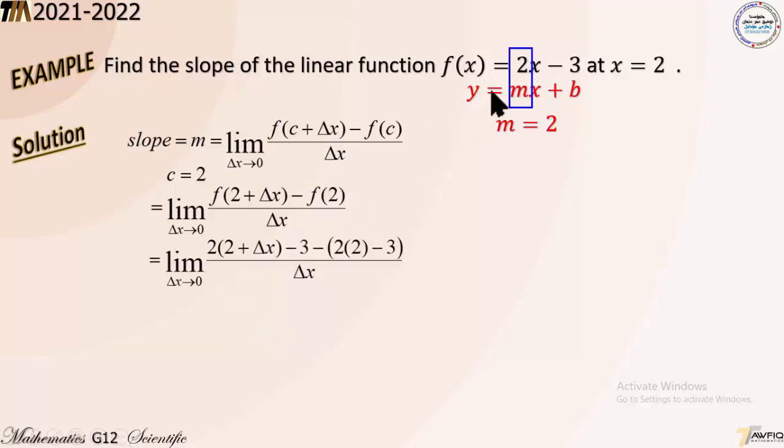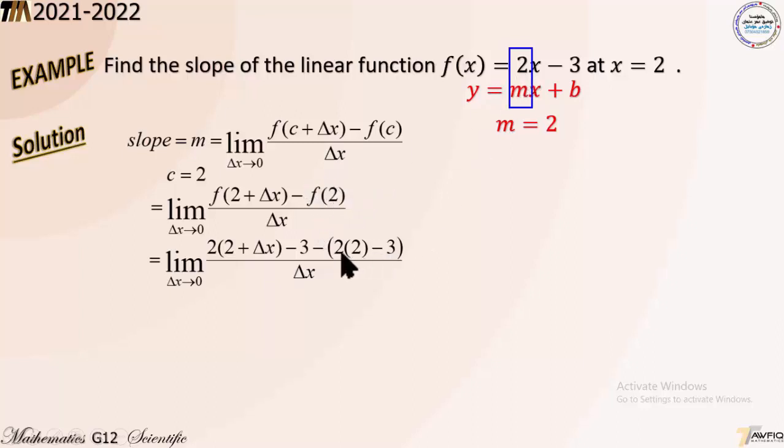Then it becomes 2 times the bracket 2 plus delta x, then minus 3. This is the part of f of 2 plus delta x. Then minus f of 2: replace 2 in place of x, it becomes 2 times 2 minus 3.